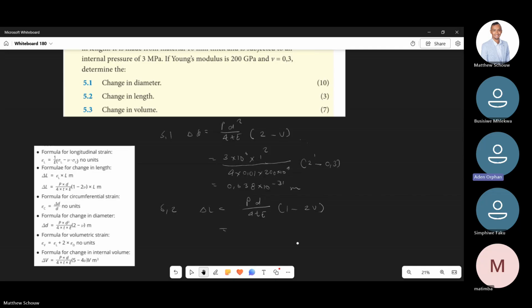I got 0.15 times 10 to the power of -3. So it's 0.15. Oh, wait. You must times by the length, eh? Times L. I'm realizing that now.